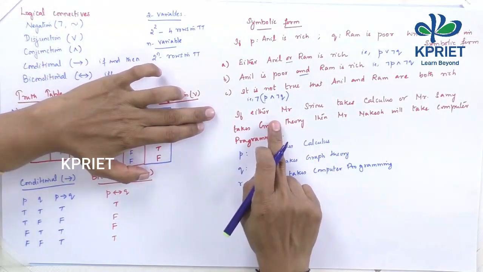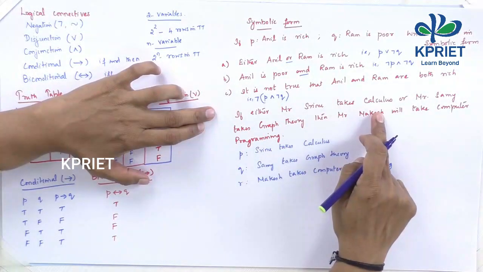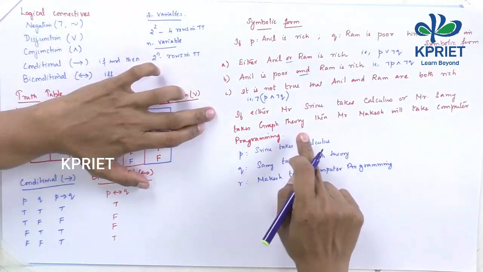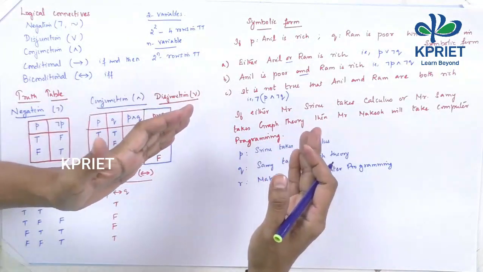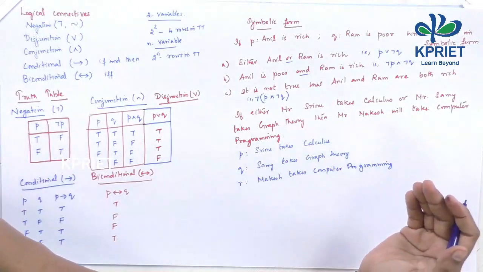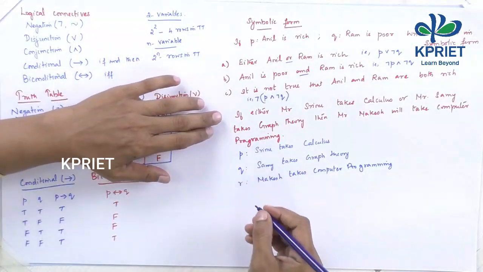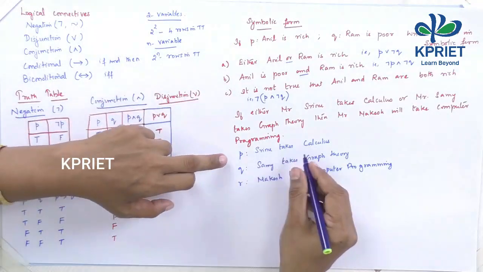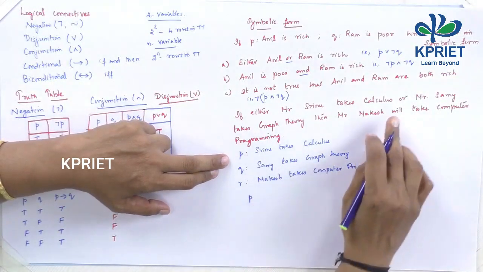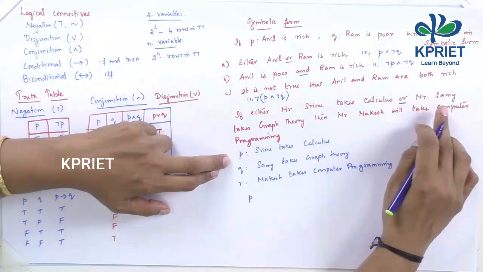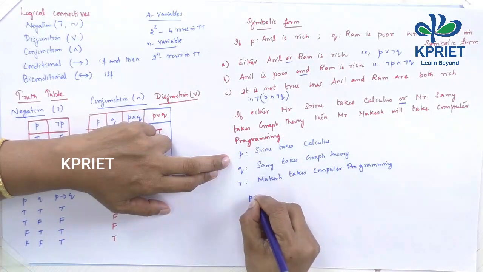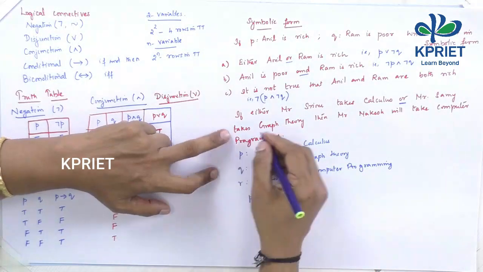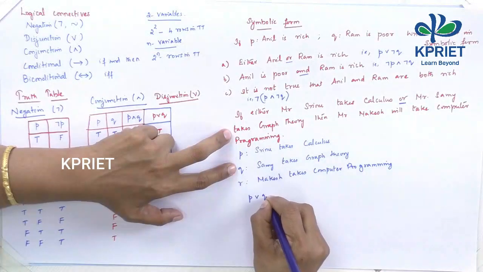What is it? If either Mr. Srinu takes calculus or Mr. Sami takes graph theory, if this happens, then Mr. Magesh will take computer programming. So how do I represent this? Mr. Srinu takes calculus is P. Or here we have Mr. Sami takes graph theory, which is Q. Fine.